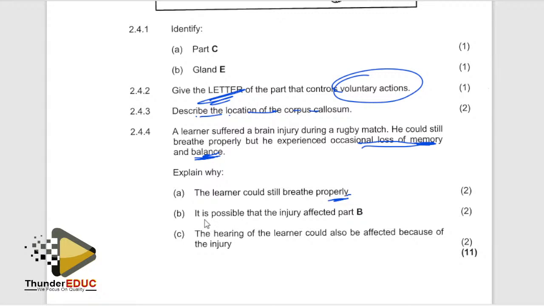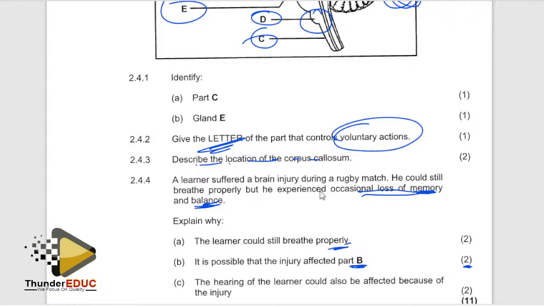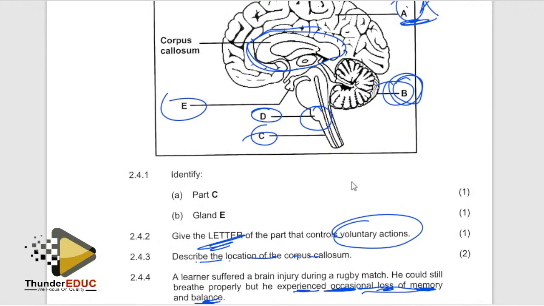Is it possible that the injury affected B? Yes. But why is it 2 marks? Because the individual experiences occasional loss of balance. Don't talk about memory because memory is not controlled by this.